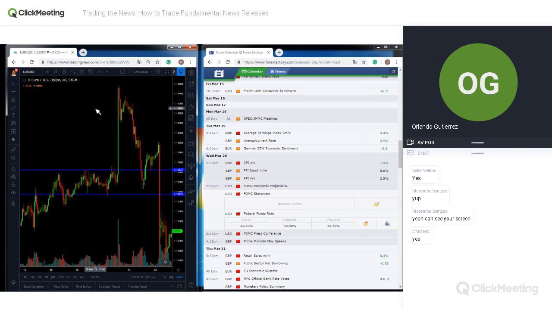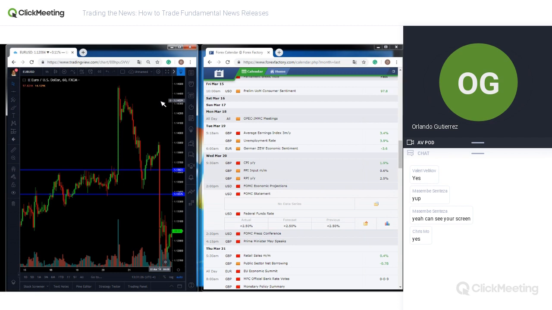So if you have your squawk service, and you hear that they're going to maintain the federal fund rates at 2.5 and they have changed their hike outlook to none this year, you're going to buy the euro against the USD. You're going to put your stops below the previous low.